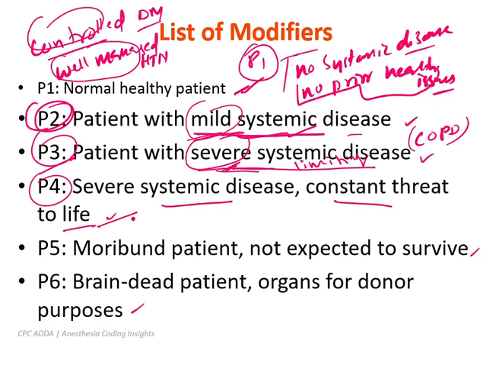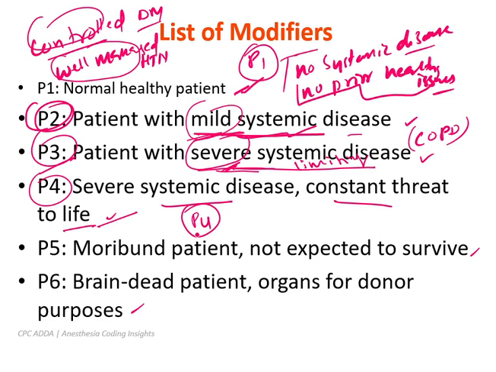For example, if a patient has unstable angina or advanced heart failure, these conditions are considered severe systemic disease with constant threat to life. This reflects a critical condition that could deteriorate during surgery.